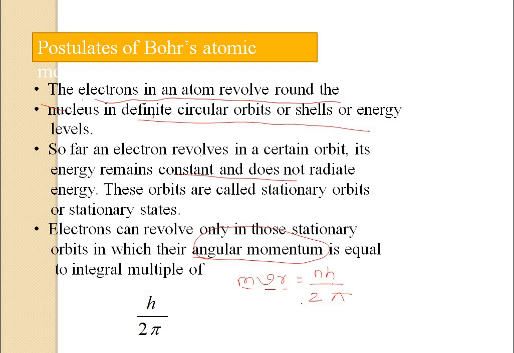So these are the major postulates he considered. The electron in an atom revolves around the nucleus in a particular path, called stationary orbits or stationary paths.